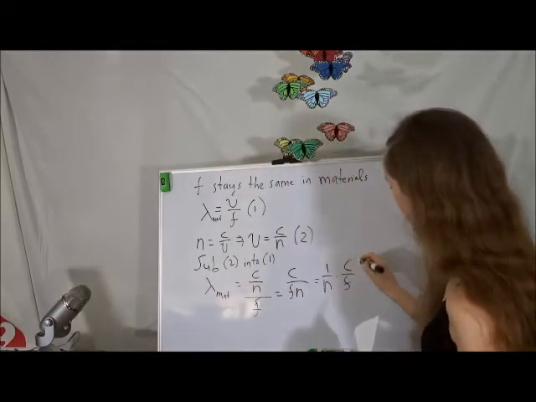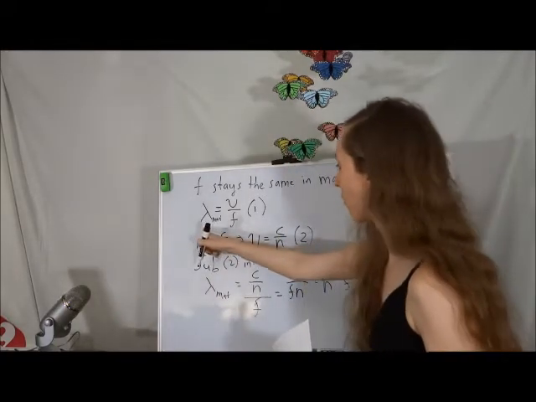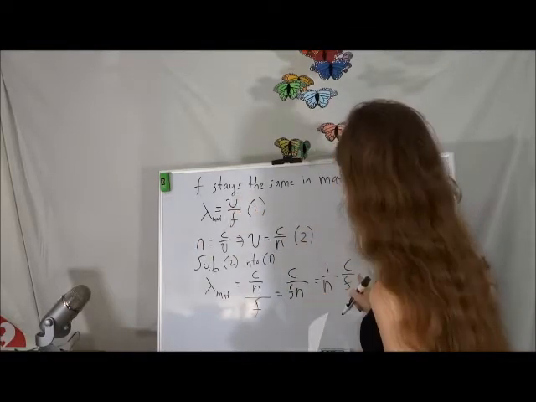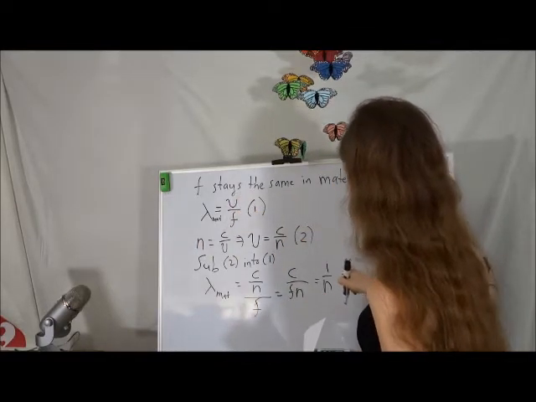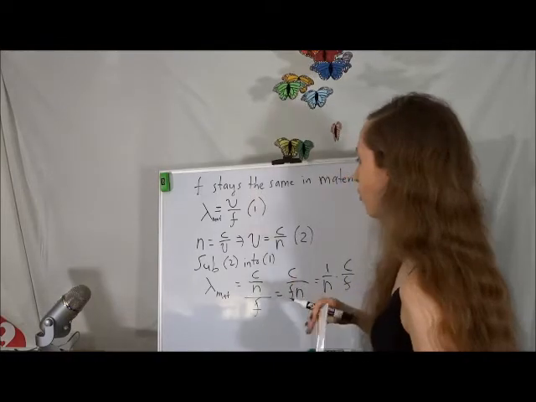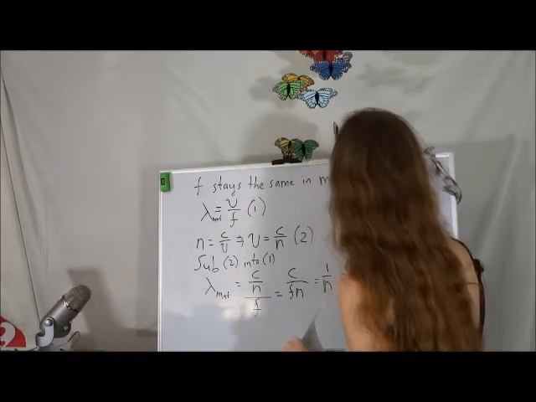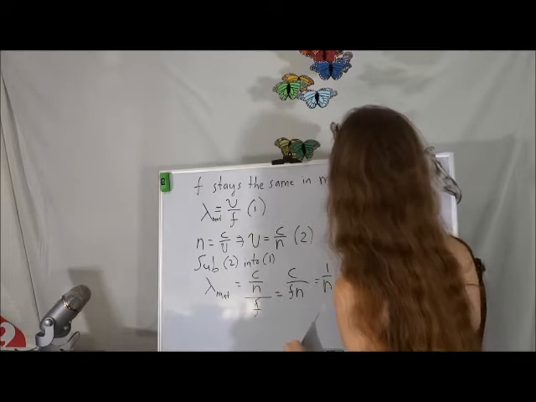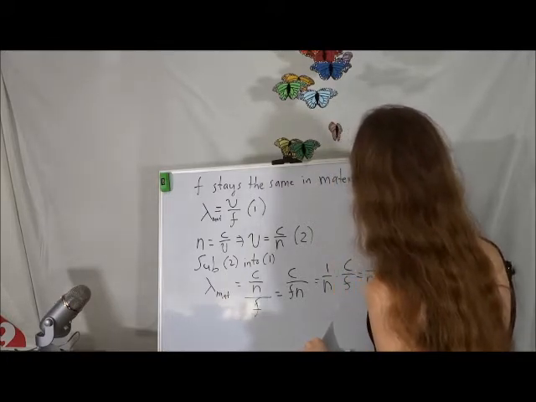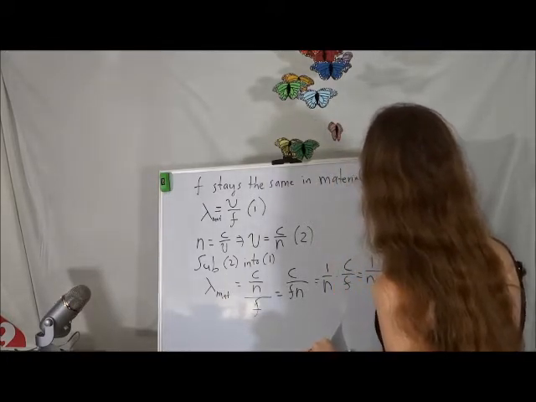Now what is c over f? We know that our wavelength is v over f, and if we're traveling at the speed c, that's going to be our wavelength in vacuum. So c over f is the wavelength in vacuum. So we're going to have 1 over n times lambda vacuum.